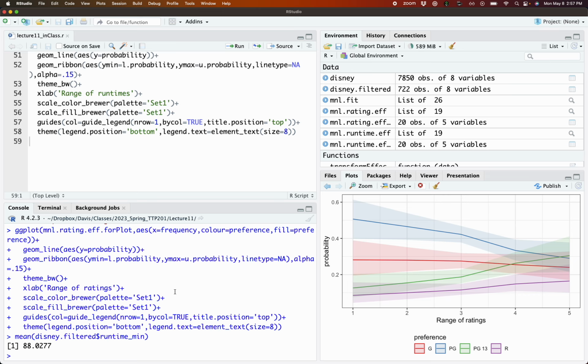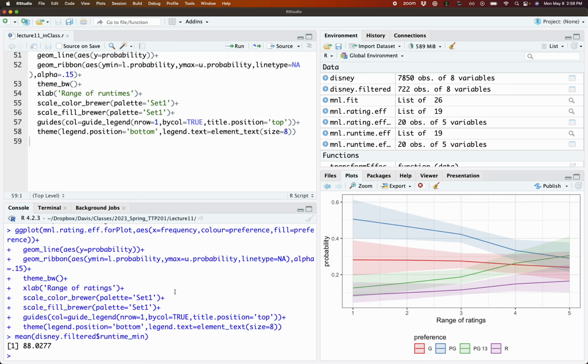PG, yes. It has the highest probability. Okay, what about at a rating of 5 and 88 minutes? Still PG, right? It has the highest probability, and so on and so forth, right up until your rating is like 9. It doesn't cross over until right at the end here, right? So I would guess PG-13 right at the end.